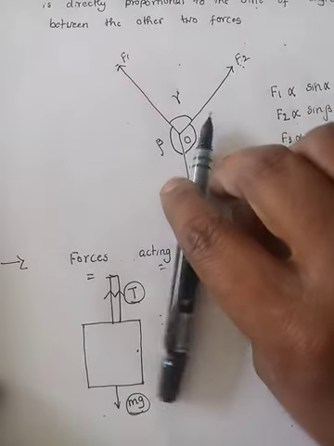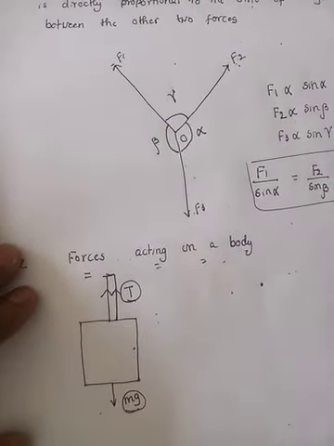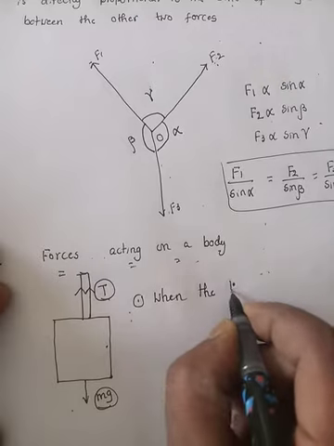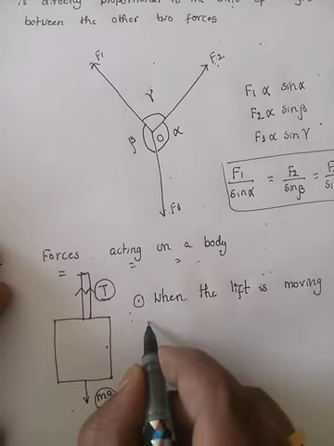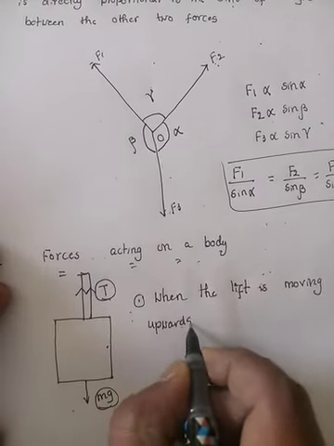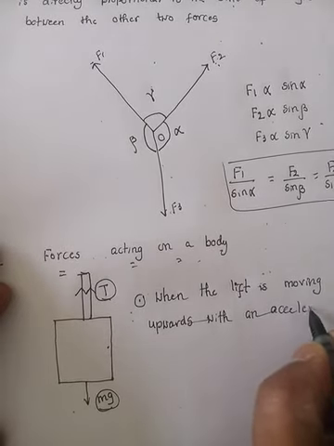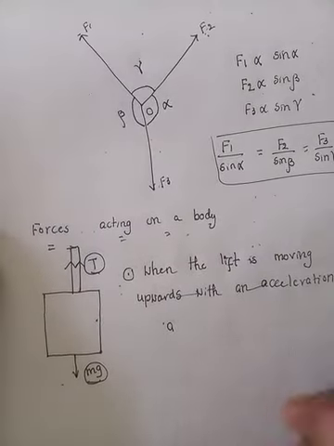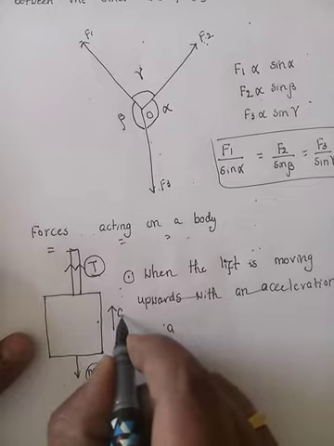We already said that when the net force acting on the body is 0, then the body is at rest. So now, if it is moving upwards, first condition, I assume the lift is moving upwards with a uniform acceleration a. How is it possible? By applying some external force, we are uplifting the lift, so it moves upwards with acceleration a.